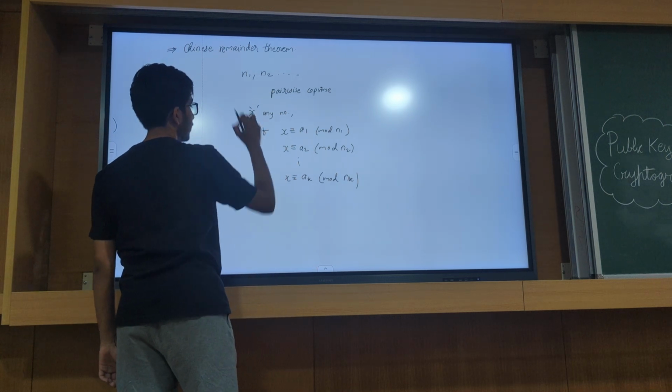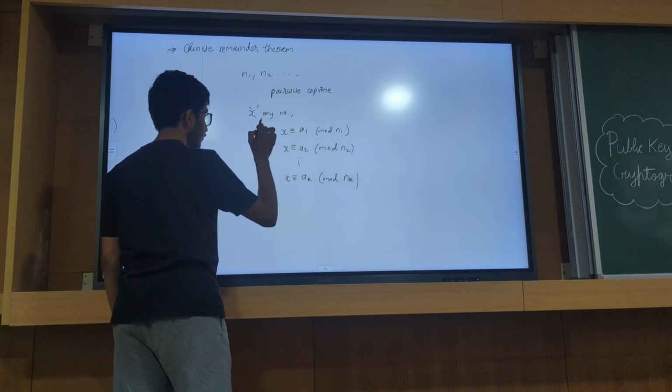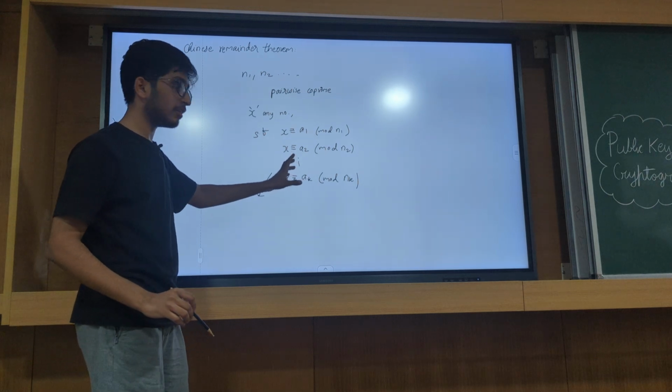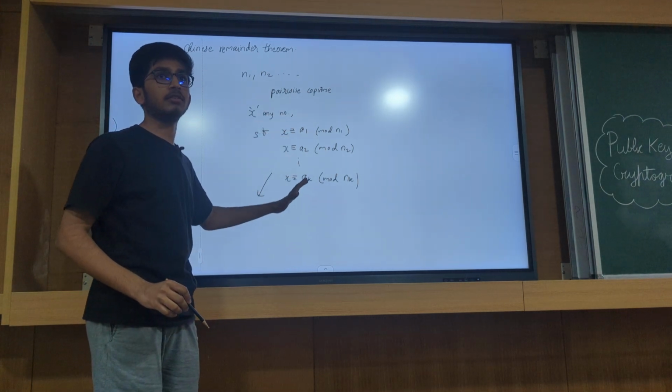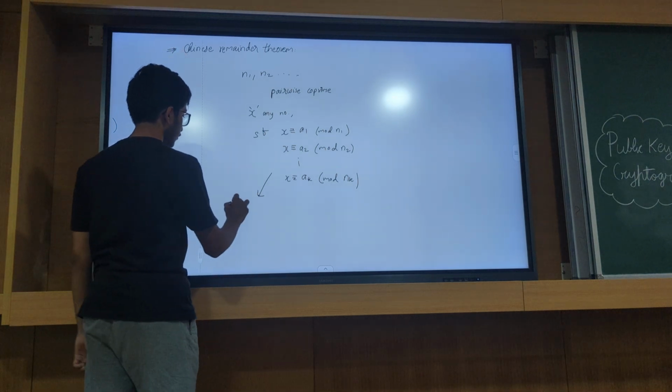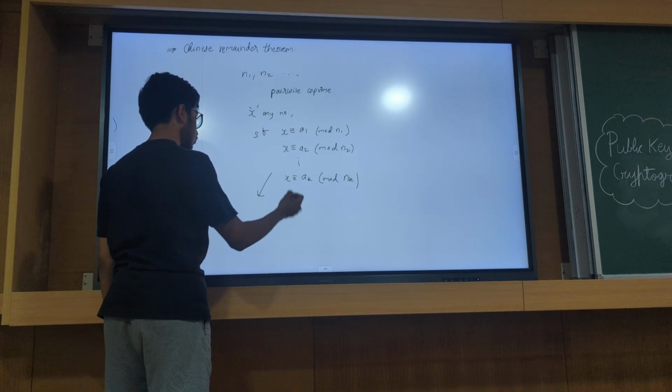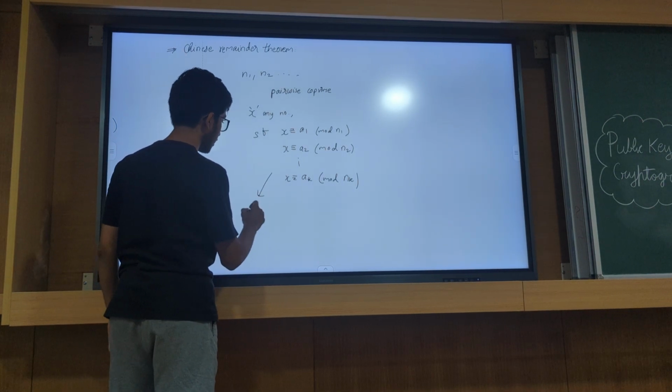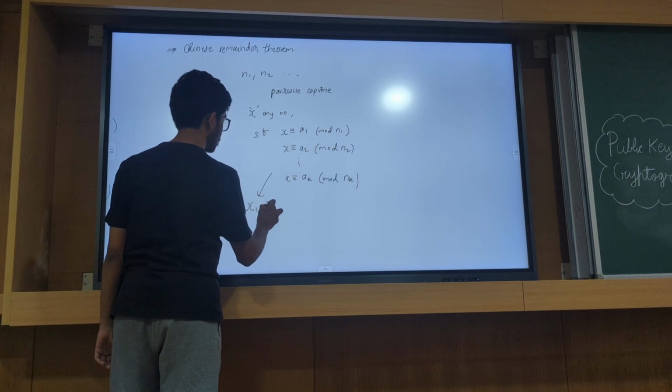Then the Chinese remainder theorem tells us that there will exist a solution for this. There will exist an x which satisfies all these equations. That is the Chinese remainder theorem. Suppose there exist two solutions, x1 and x2.